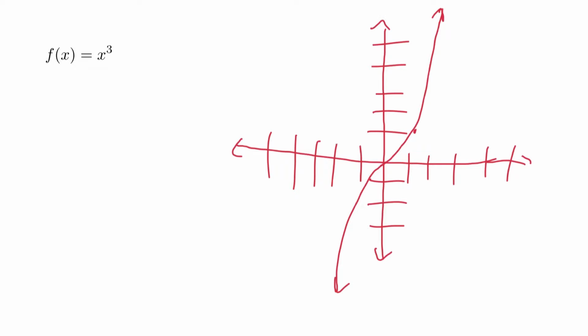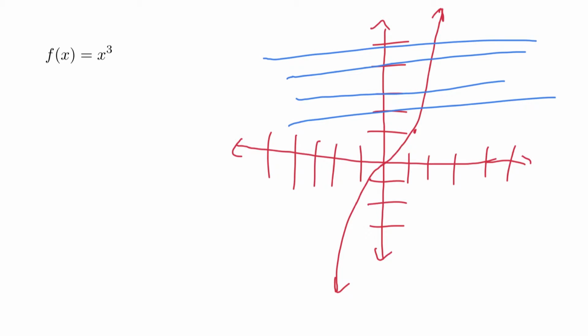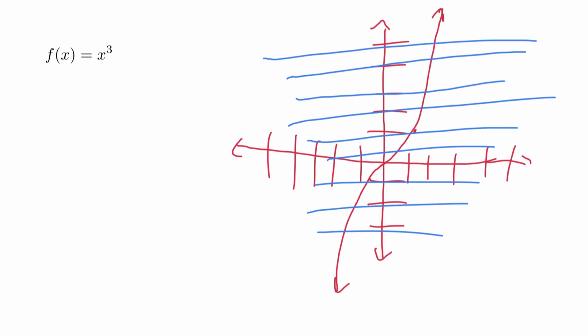So I start drawing some. And it appears that they all intersect the function only once. So this passes the horizontal line test. Great, so I know an inverse exists.